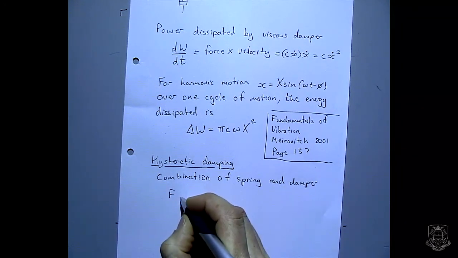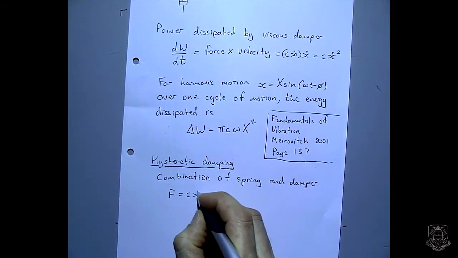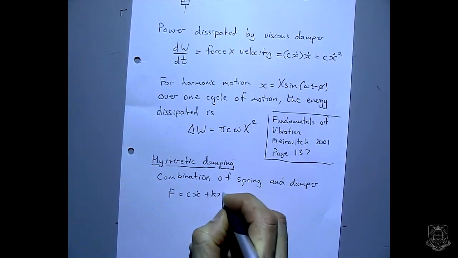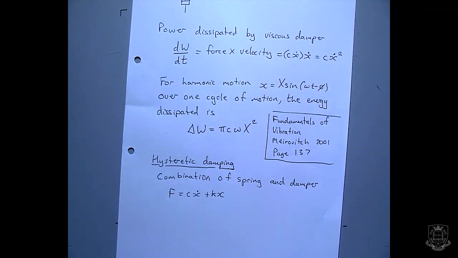In this case, the force would be equal to c x dot plus k x. And you may say, well, that's just a spring and a damper. And you're right, but we can adjust the phasing in these relationships to give us what's called a hysteresis loop.